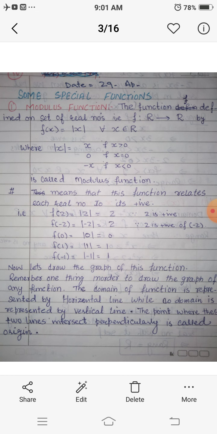Real functions are those whose domain as well as codomain, not range, codomain, is the set of real numbers. That is, these functions are usually subsets of R cross R. So this is a function from R to R, which means it is a real valued function, or simply a real function.